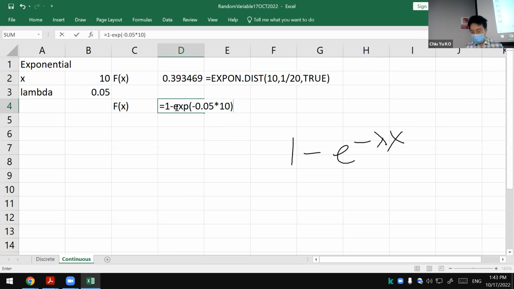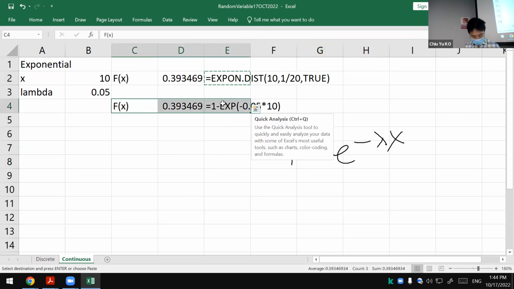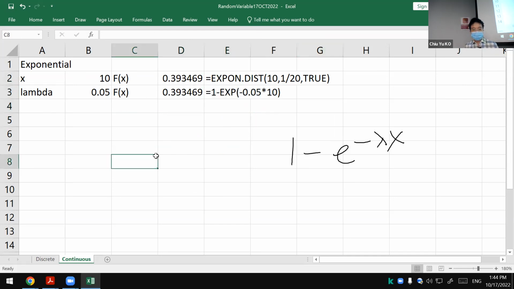That would be the same answer as here, so either you use the function we have or you don't. The small f we don't really need, so I don't demonstrate that. Is there a question about the exponential? If not, let's consider the normal one.